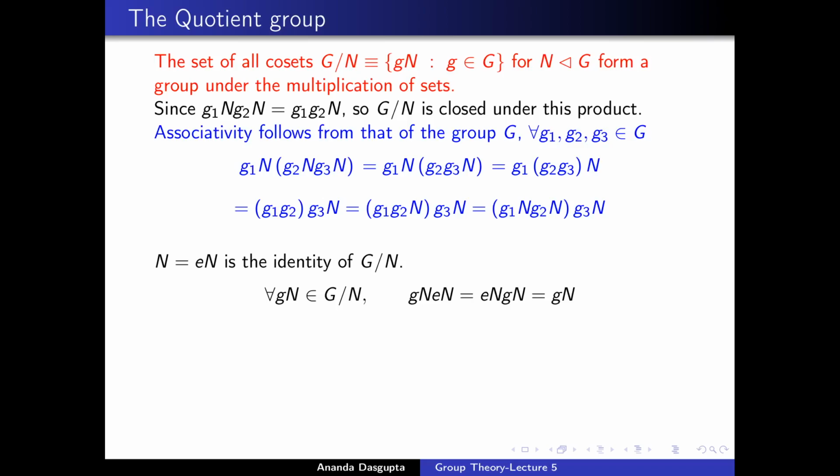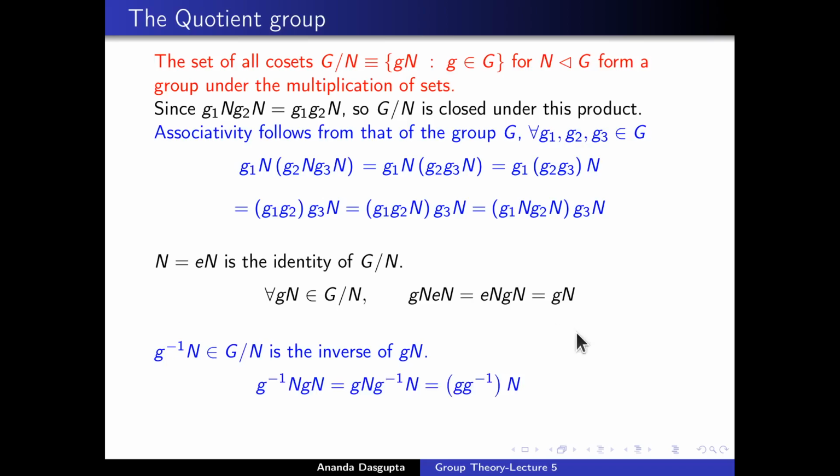Now the final hurdle that we have to cross is the existence of an inverse for every group element. So the inverse of gN, a coset, is simply the coset corresponding to the inverse element of G. So g inverse N, which also is a coset, so it belongs to the set G/N, is claimed to be the inverse of gN. And that's very easy to check.